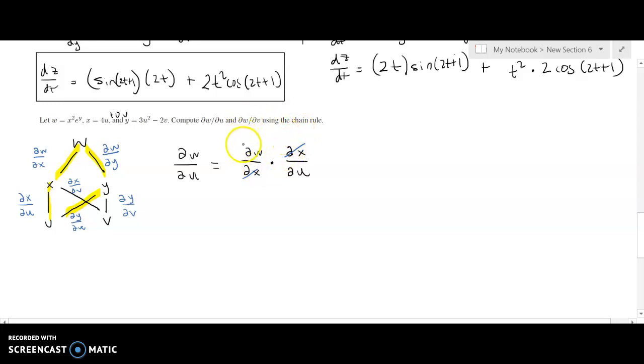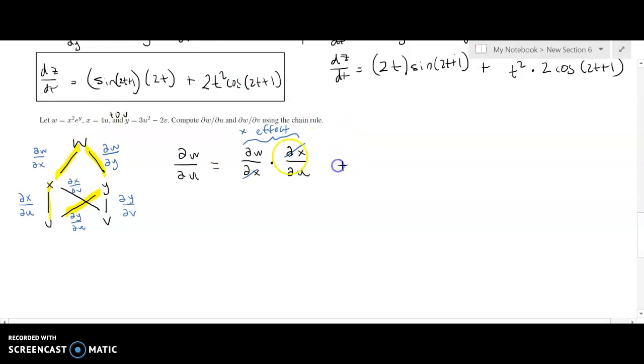But keep in mind that this is what we'll call the x effect. Much like in an earlier problem where we looked at corn production as a function of rainfall and temperature, we had a rainfall effect in terms of the partial, and we had a temperature effect. So we can think about this as the change in w with respect to u that is caused by x.